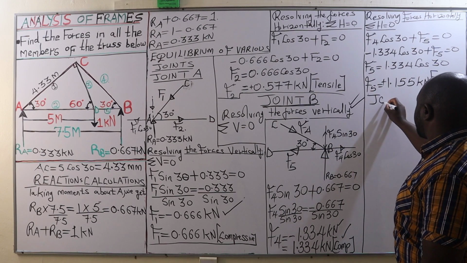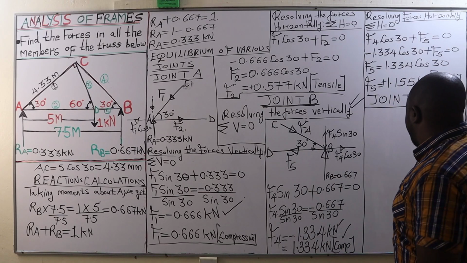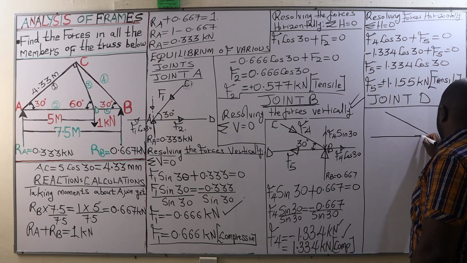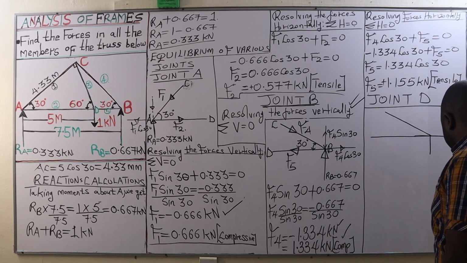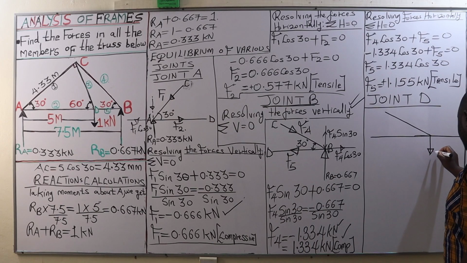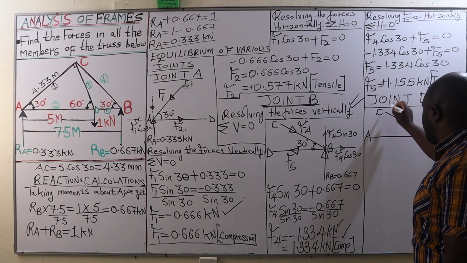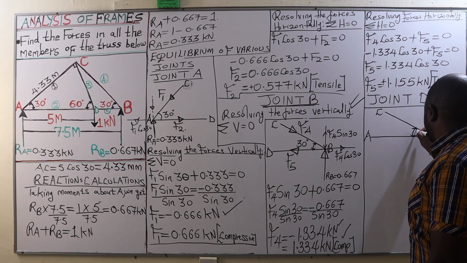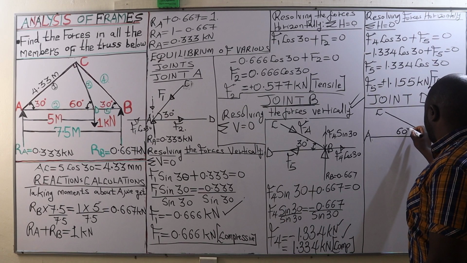Finally, our last joint is going to be joint D. And try to plot joint D here. We are going to have the following. We have a load of 1 kilonewton acting at joint D. This is joint A, that is joint C, whereas the other one is joint B. The angle ADC is 60 degrees.